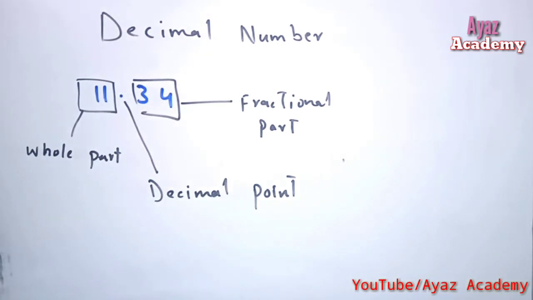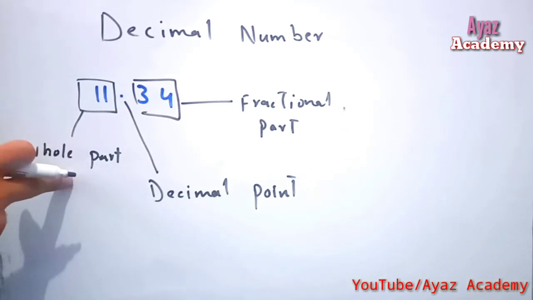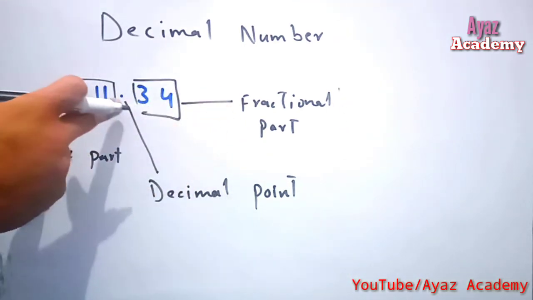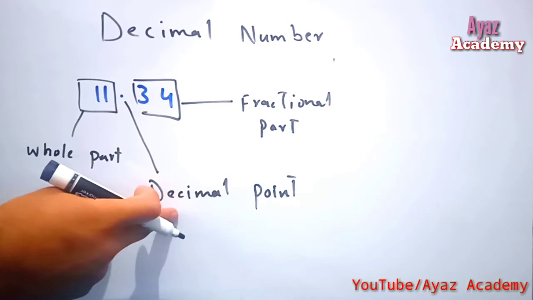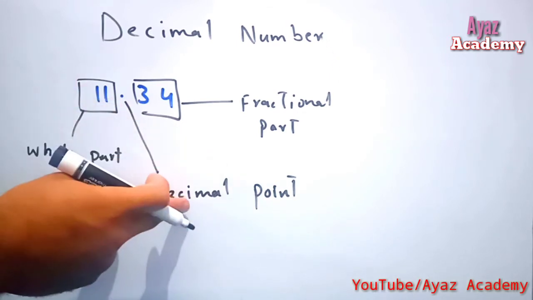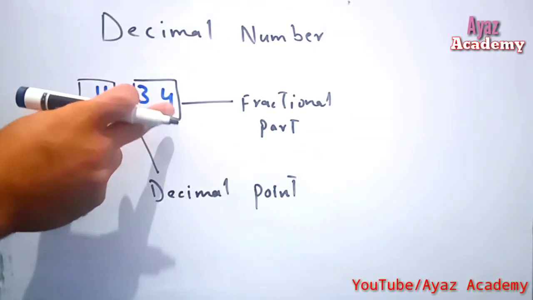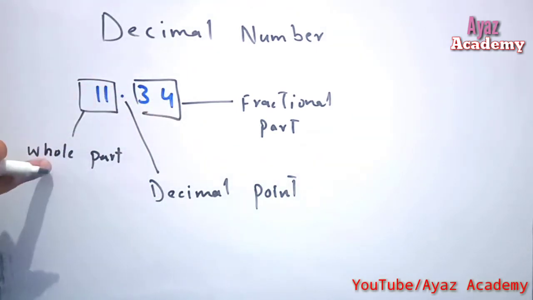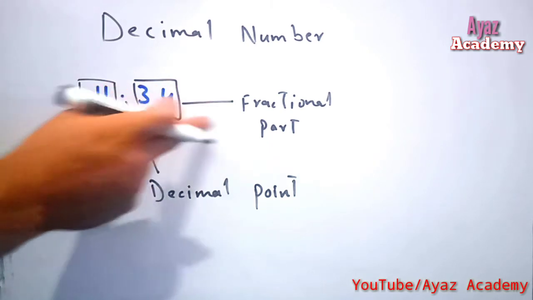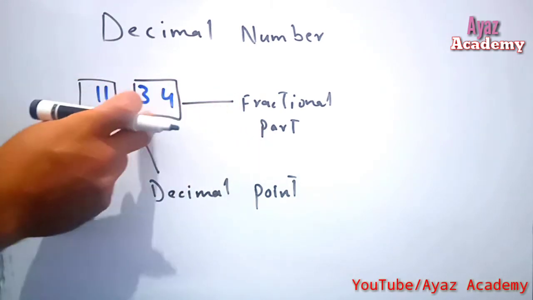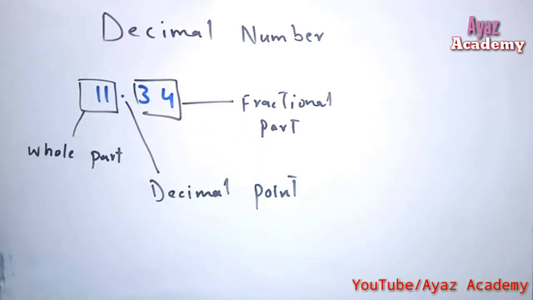So a decimal number is a number whose whole number part and fractional part is separated by a decimal point. So this is a decimal number whose one part is the whole number part and the other part is the fractional part, and both parts are separated by a decimal point.